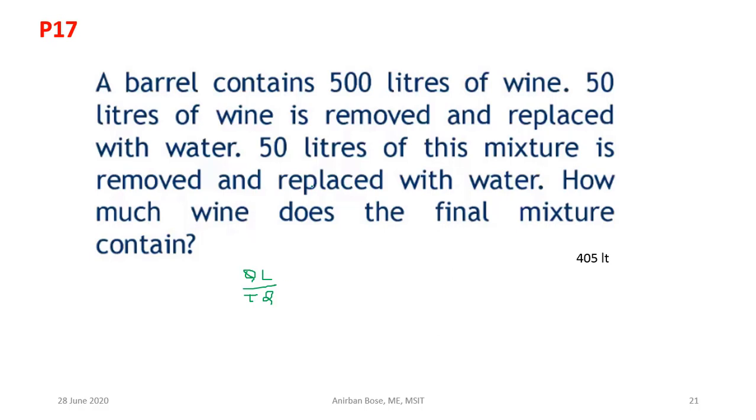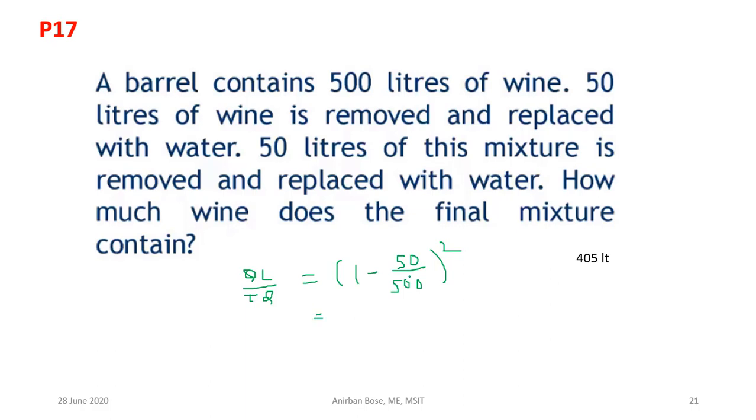So the total quantity we know is 500. So this is equal to 1 minus how much is taken in one turn, that is 50, divided by the total quantity, that is 500, and the process has been done twice. If you do that, the quantity left can be easily found.